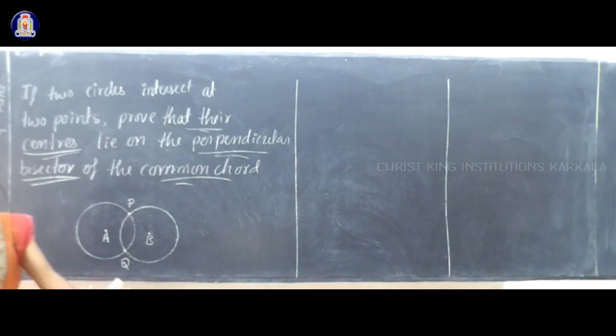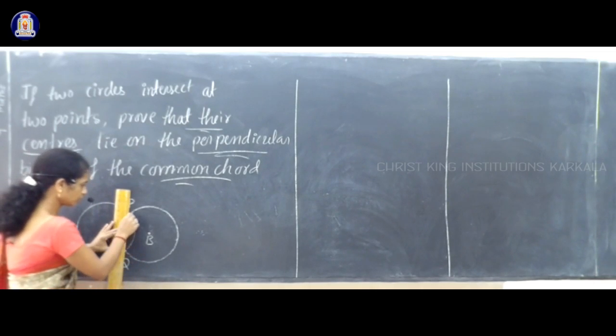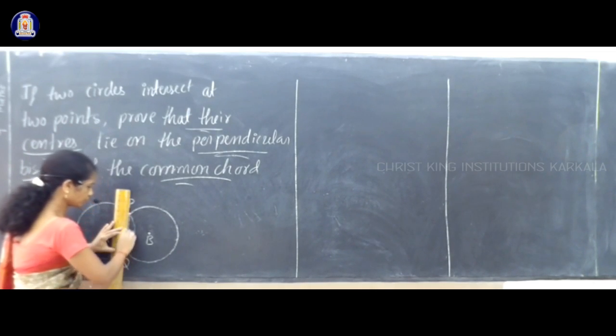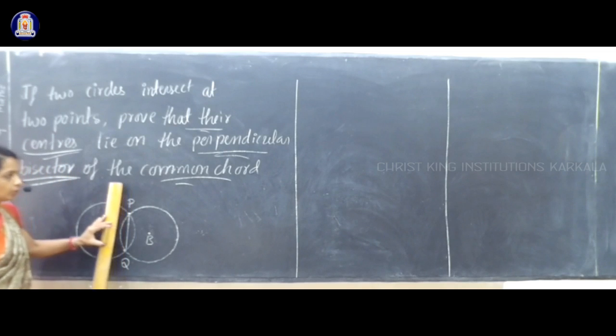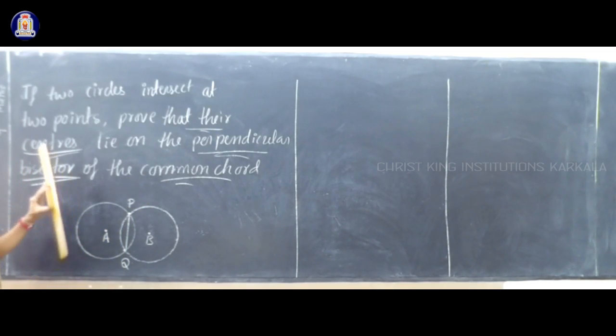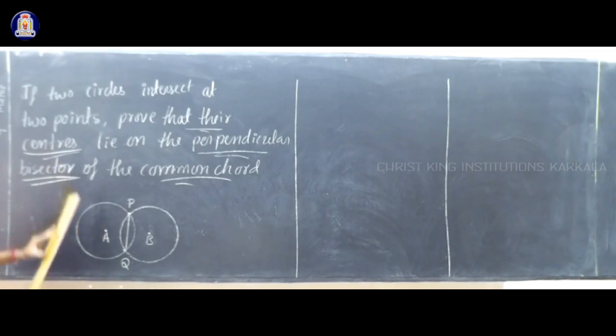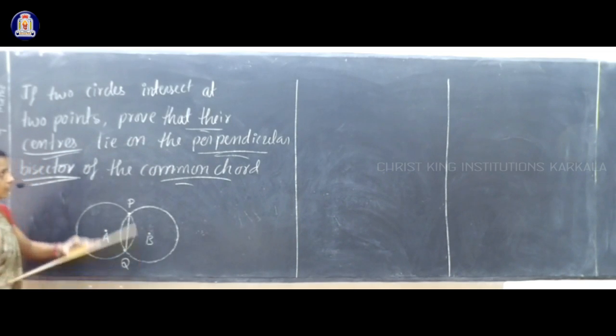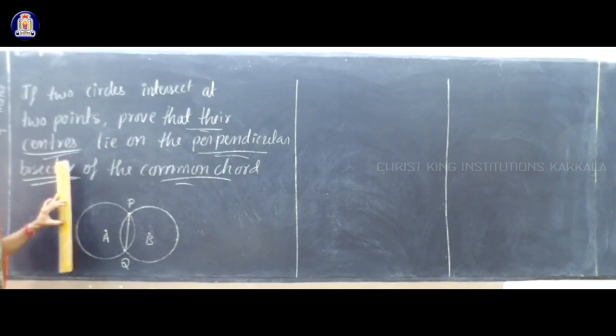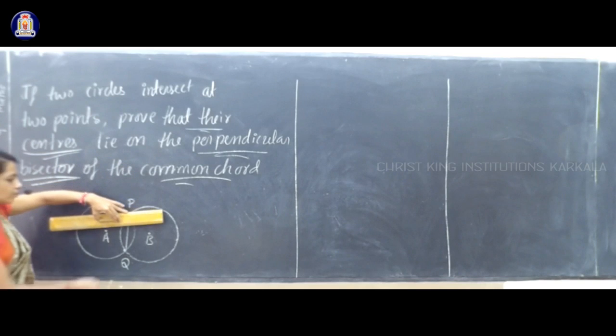Okay, and what is the common chord for these two circles? To get the common chord, join P and Q. Now PQ is the common chord. What do you have to prove? Prove that their centers, A and B, lie on the perpendicular bisector of the common chord.